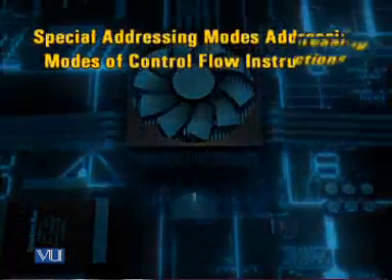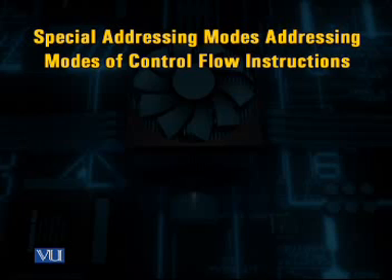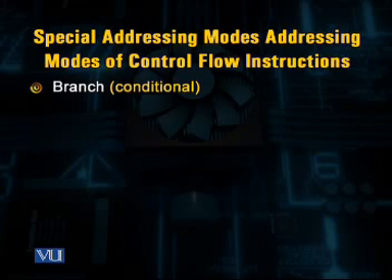So this is the basic introduction to different addressing modes. Now we will talk about the addressing modes of some of the control flow instructions. As I mentioned in the beginning, the control flow instructions are of three types. The first is the branch instructions, which are basically the conditional jump instructions.